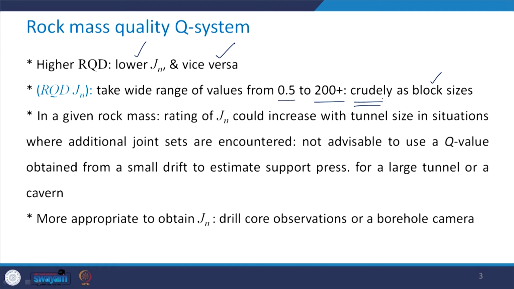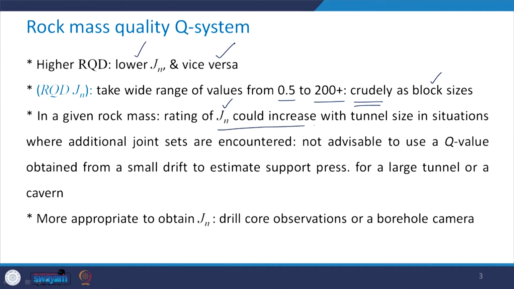In a given rock mass, the rating of Jn could increase with the increase in the tunnel size in situations where additional joint sets are encountered. So in such cases, it is not advisable to use a Q value obtained from a small drift to estimate the support pressure for a large tunnel or a cavern.